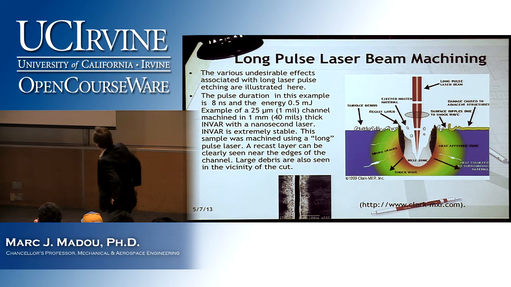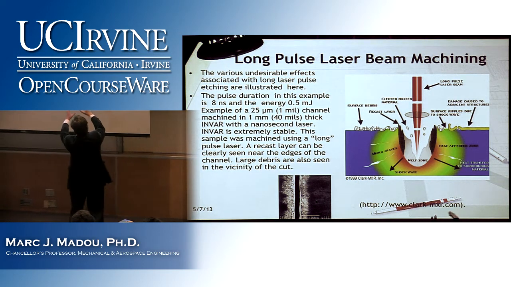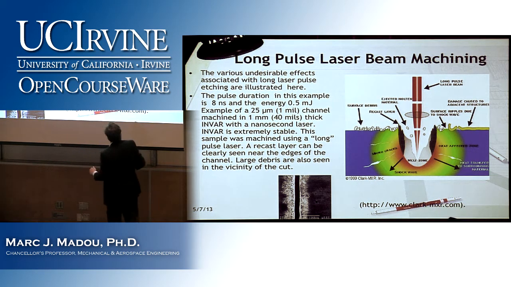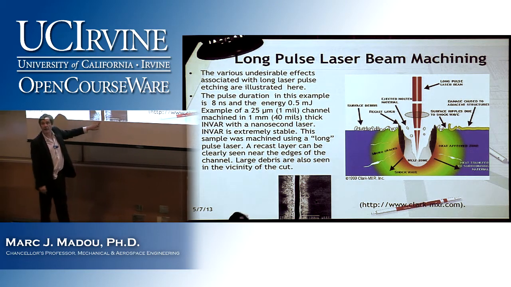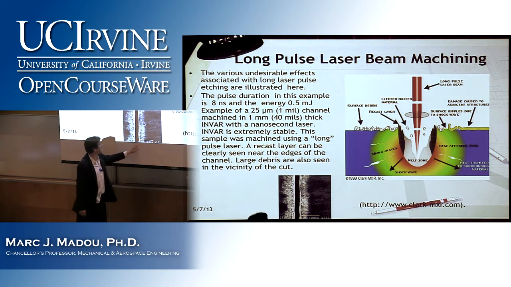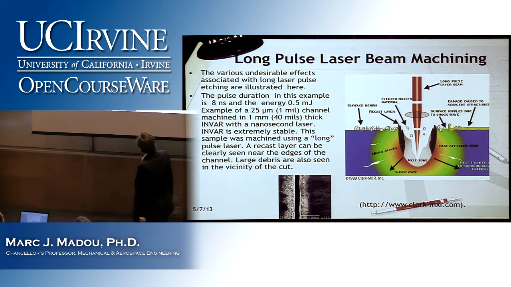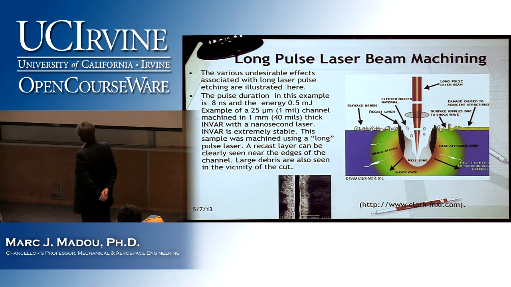You see some surface debris, a recast layer, the yellowish zone here is the heat affected zone, some cracks, the shock wave, etc. Here we're looking at a cut made in INVAR as an example, and you see the deposit on both sides of this carving. So various undesirable effects associated with long laser pulse machining are illustrated here.